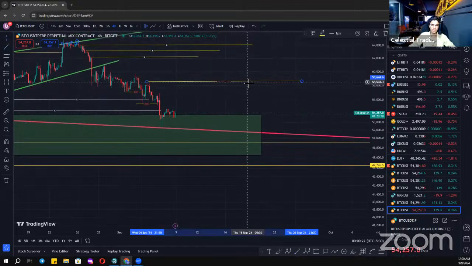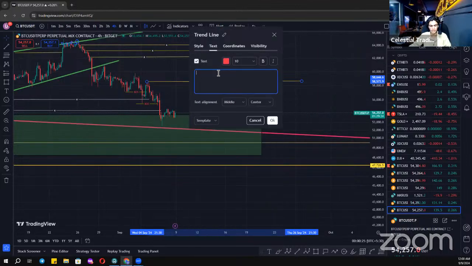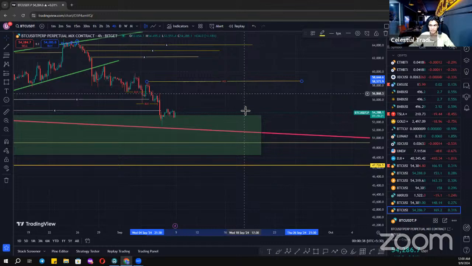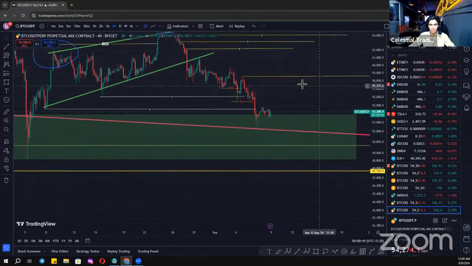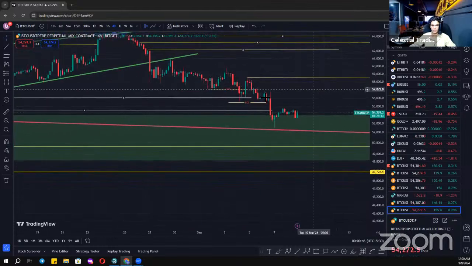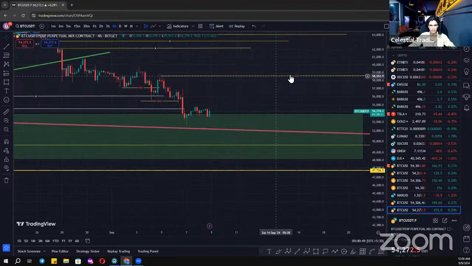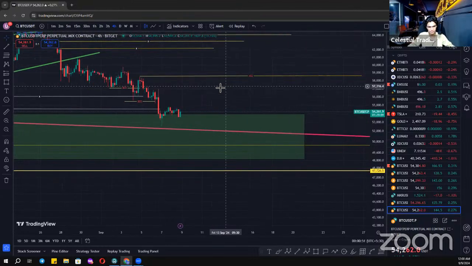So if it breaks this high, we can take it as a change of character or else market structure shift. So there's a long way to go here to take this liquidity.